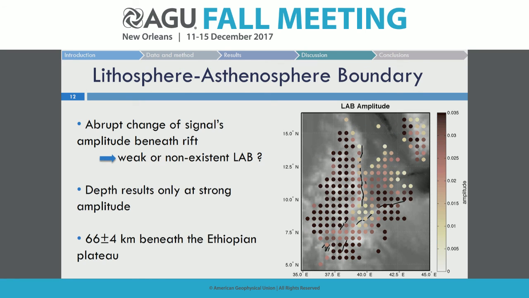But going to the lithosphere-asthenosphere boundary, what was really striking is the difference in amplitude between beneath the plateaus and inside the rift. You can see that as we go next to the rift, the amplitude drastically changed. So the idea that came up was, does that mean that the LAB is weak, or does that mean that the LAB is not here?